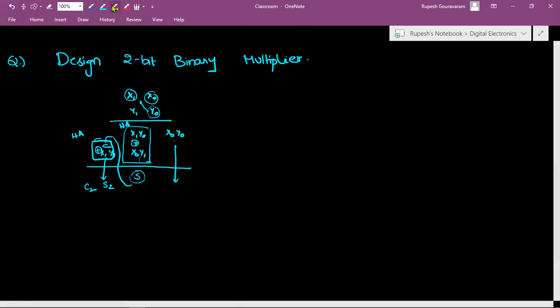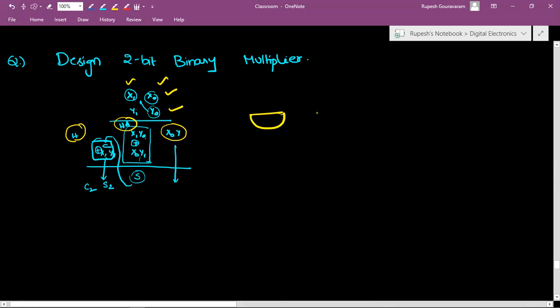Here there are two inputs, x1 x0 and y1 y0. Now we have to multiply them, which is done by the AND function of the logic circuit, and we have to add them using a half adder. So two half adders are required here. Let us try to manifest it as a circuit.